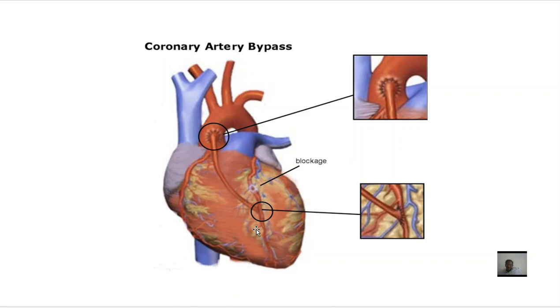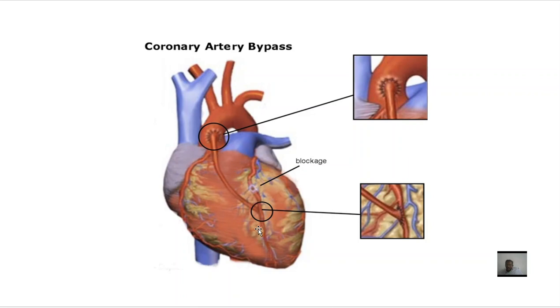To avoid the blockage, we have to go for a bypass from the aorta. A blood vessel is taken directly from the aorta and, after the coronary blockage, it is connected. The main path is blocked and we are making a path artificially, which is called the bypass. So this is called coronary artery bypass surgery.